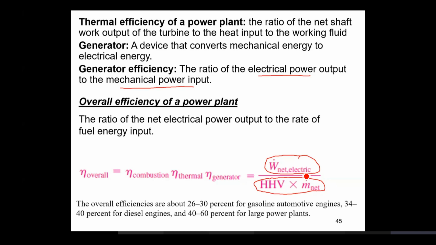Normally, the efficiencies of automotive engines, which are based on petrol or gasoline, are somewhere between 26 to 30%. For diesel, it is 34 to 40%. And for large power plants, it is about 40 to 60% of the heating value of the fuel that is being used.